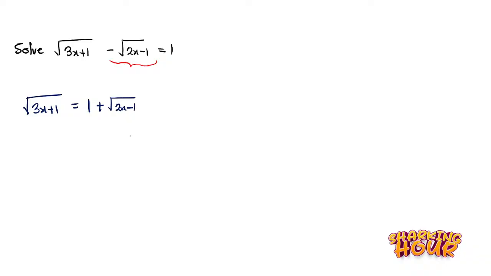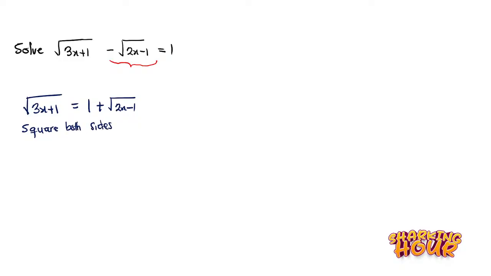So that is what I am going to have. Okay, so this is now what I have from this particular expression. Now from here, all I have to do is to square both sides.